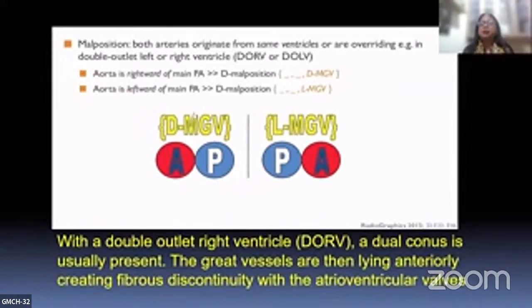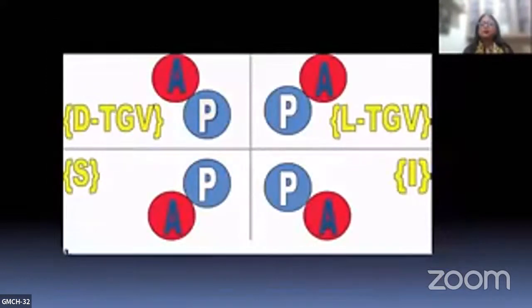And in this we call it D-MGV, that is dextro position or malposition of great vessels, when the aorta is on the right of the pulmonary artery. And if the aorta is on the left of the pulmonary artery, we call it L or levo position of the malposition of the great vessels. In a double outlet right ventricle, a bilateral conus is usually present.